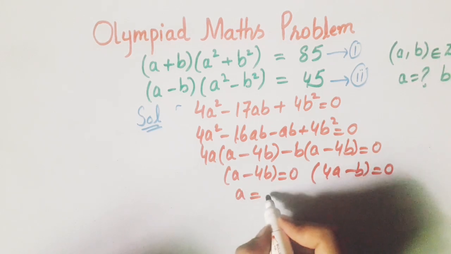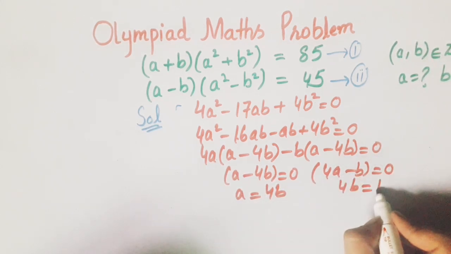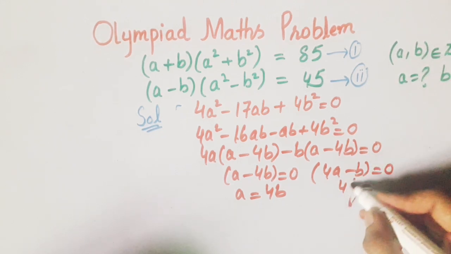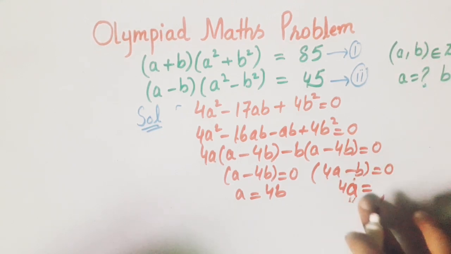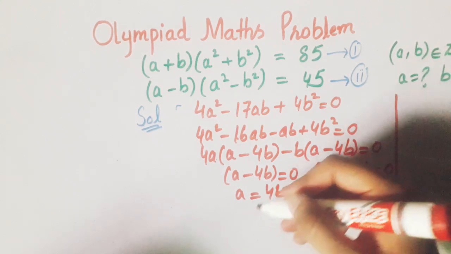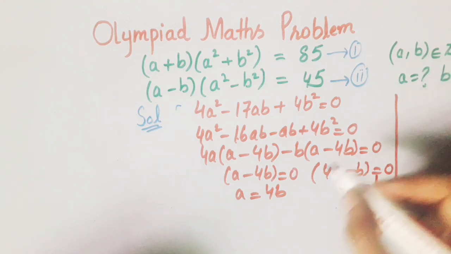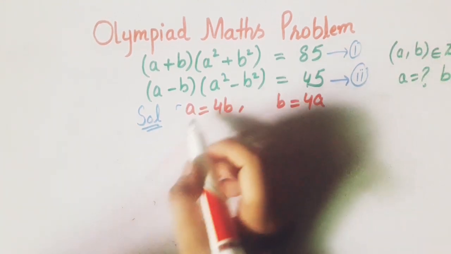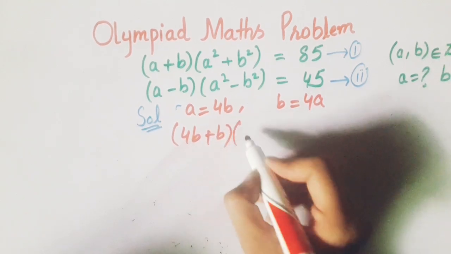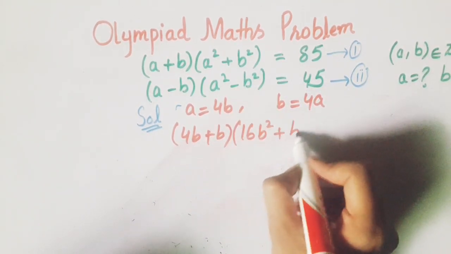Now we get a equals 4b, and here we get 4a equals b. Now we will substitute the a value in the first equation, so 4b plus b, and a square means 16b square plus b square.